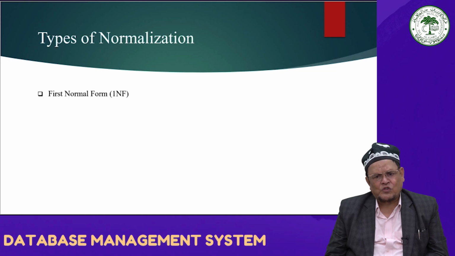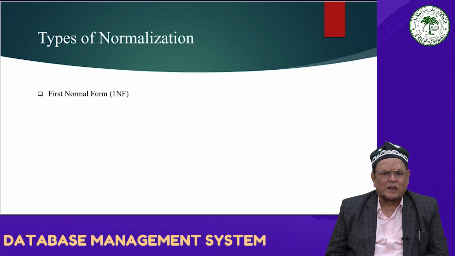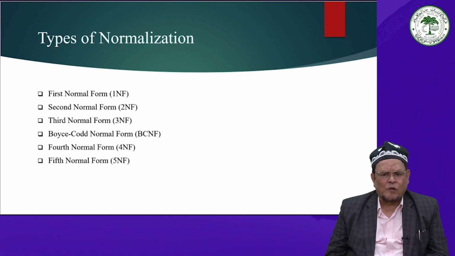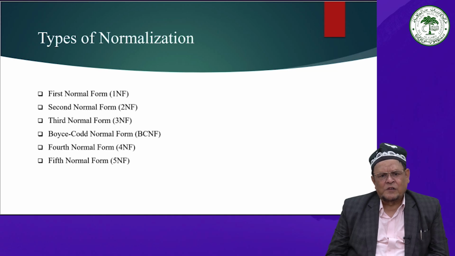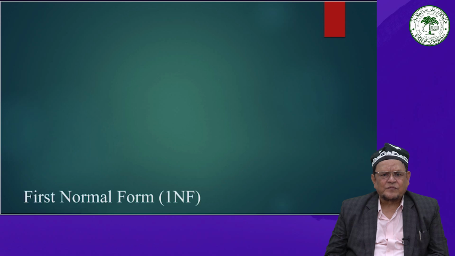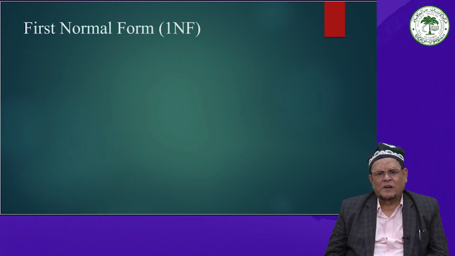The most common types are: first normal form, 1NF; second normal form, 2NF; third normal form, 3NF; Boyce-Codd normal form, BCNF; fourth normal form, 4NF; and fifth normal form, 5NF. These are the common types of normalization. So let's discuss each normal form in detail.